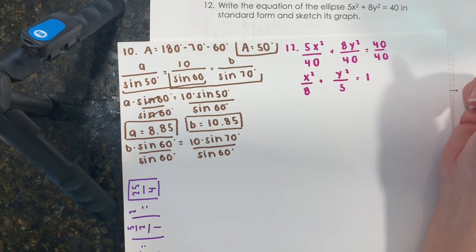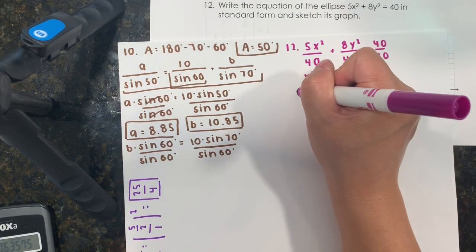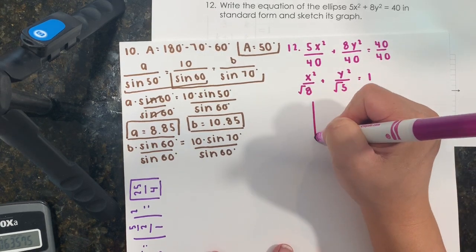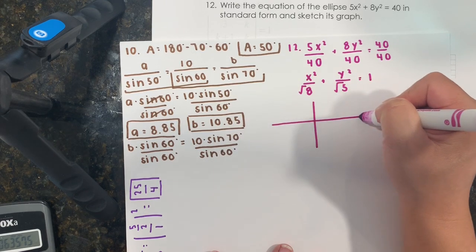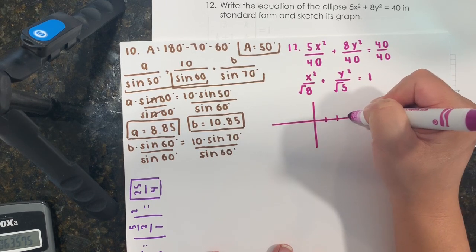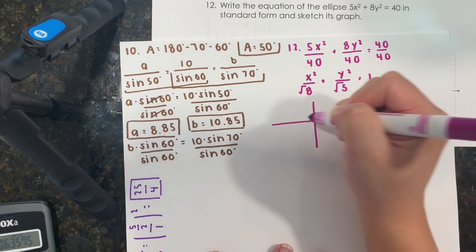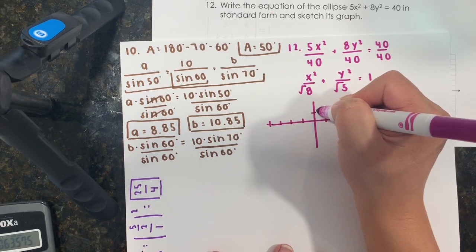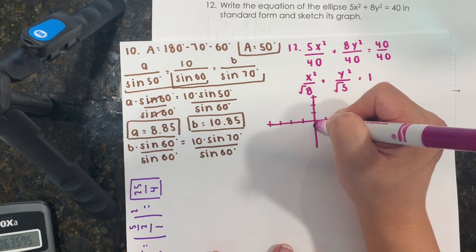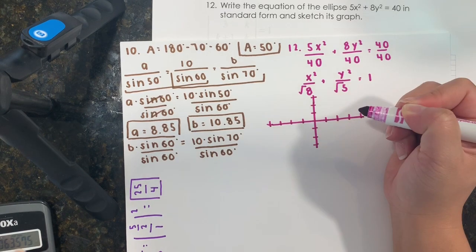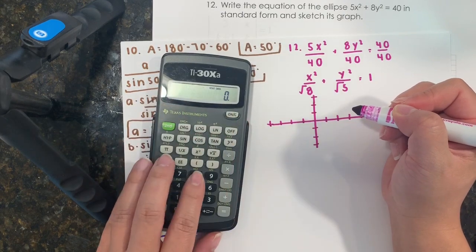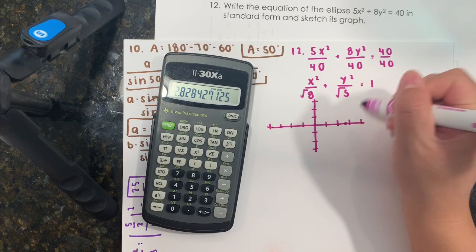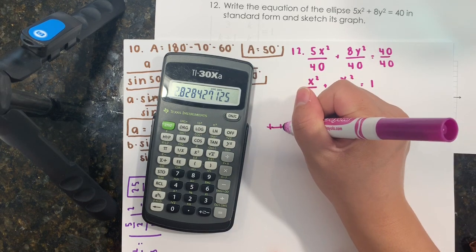Now this one's tricky because we have to graph this by taking the square root of the denominators, and neither of those come out evenly. So I'm just going to approximate. The square root of 8 is approximately 2.8, so it's going to be almost 3 in both directions.